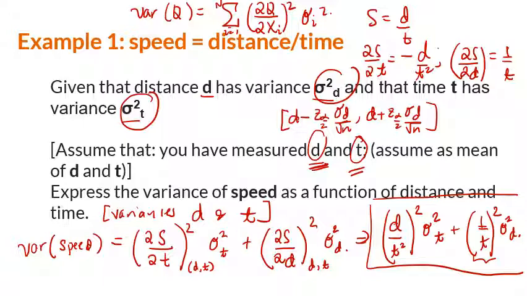d. So let's check the units. Our speed is in meters per second. Since this is a variance, it is squared, so the dimension is meters squared per second squared. Okay, is that right? So meters squared per second squared.